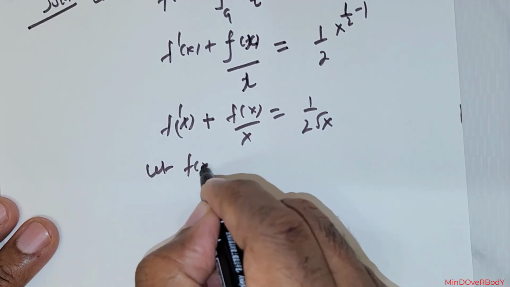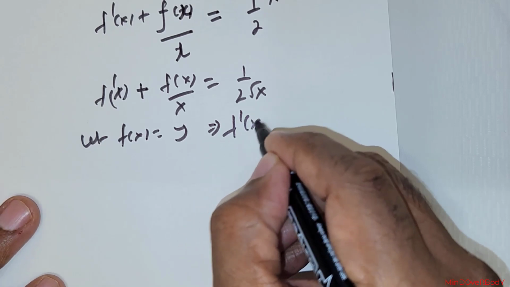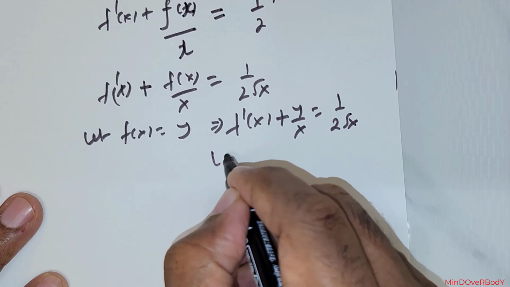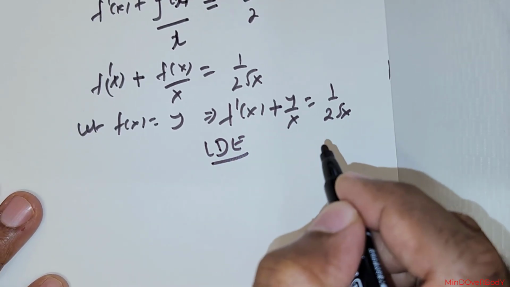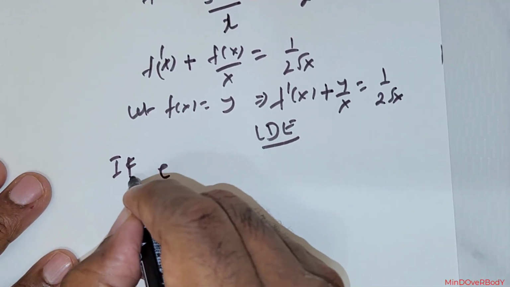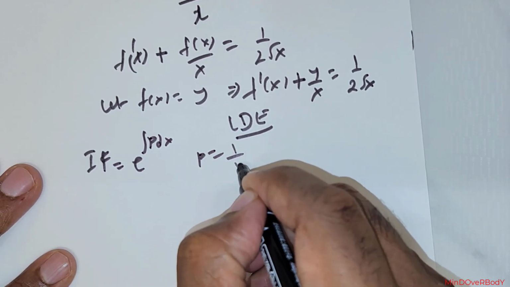Now let me set f of x is equal to y. This would give me f dash of x plus y over x is equal to 1 over 2 times root of x. This is a linear differential equation. So therefore we have the integrating factor as e raised to the power of integral p dx, where my p is 1 over x.